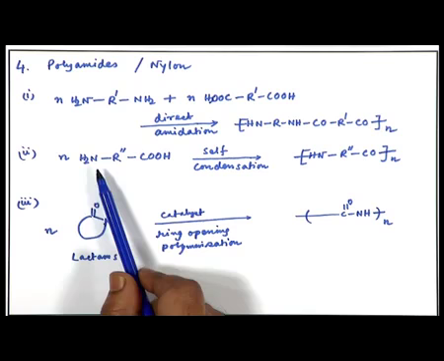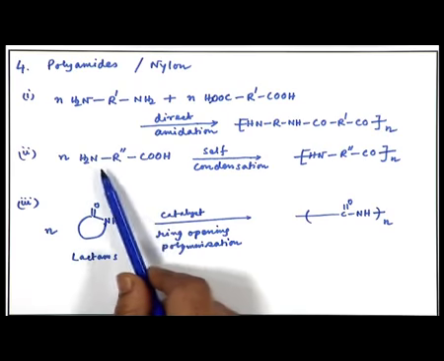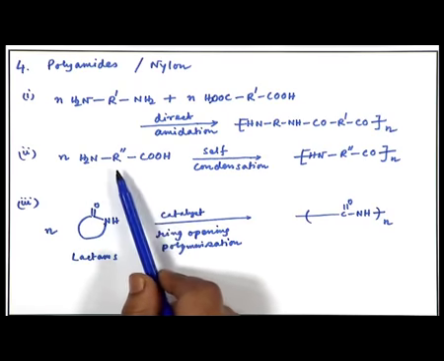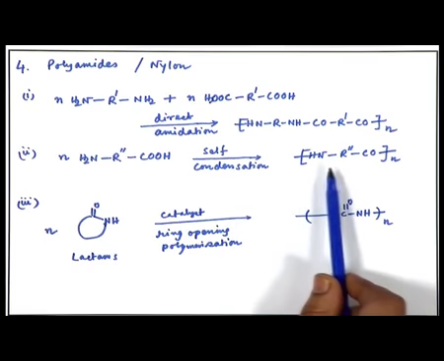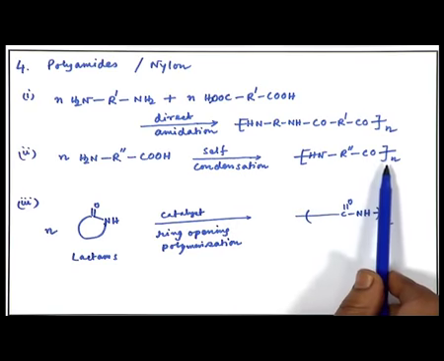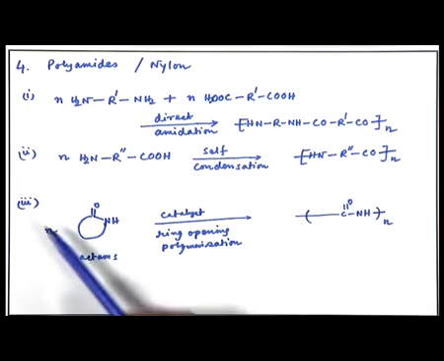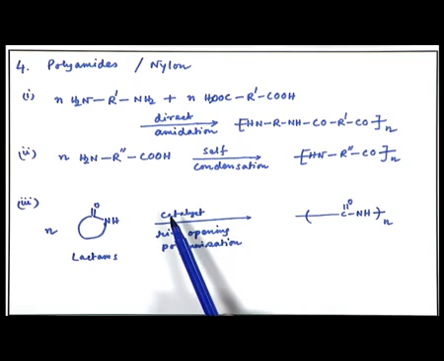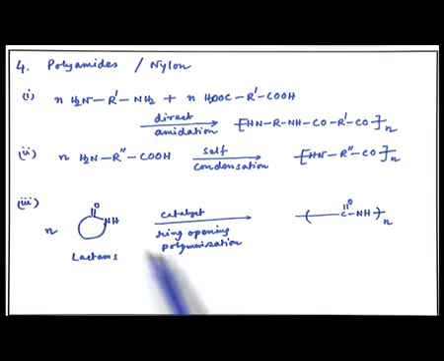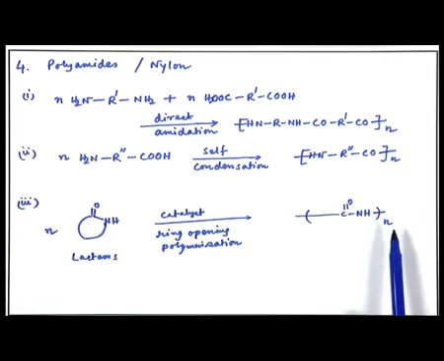Or you can take an amino carboxylic acid, which contains two different functional groups, and do self condensation to get the polyamide as well. The third option, we can take cyclic amides and perform a ring opening polymerization, where the ring opens up and the next monomer gets added in the presence of a catalyst, maybe acid catalysis.